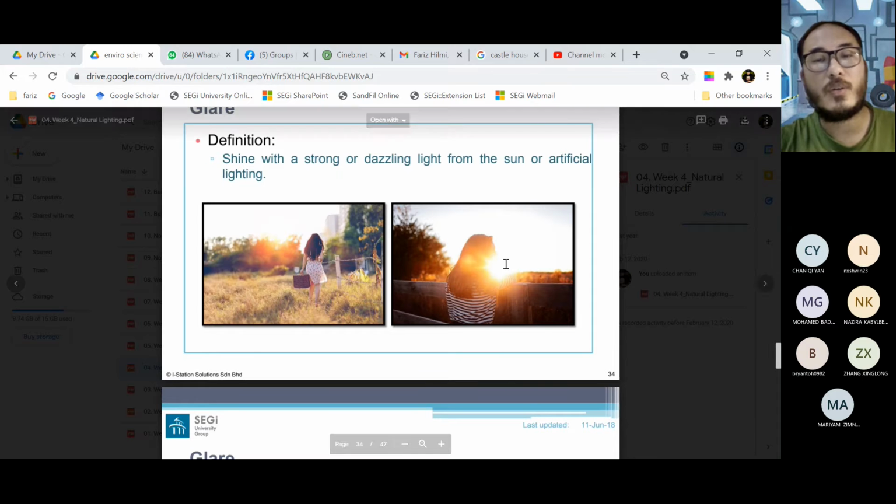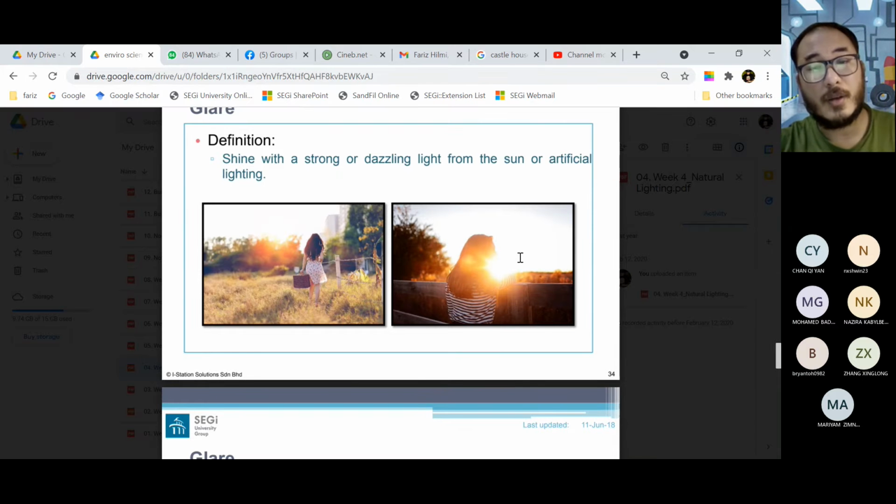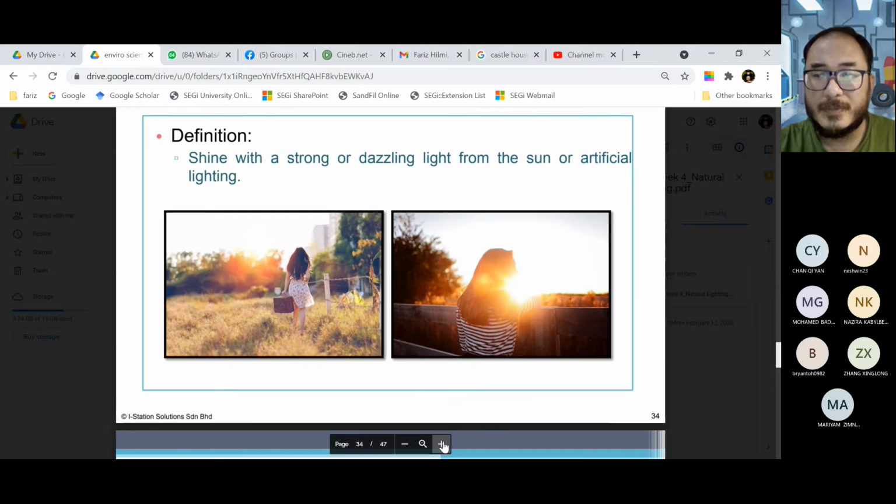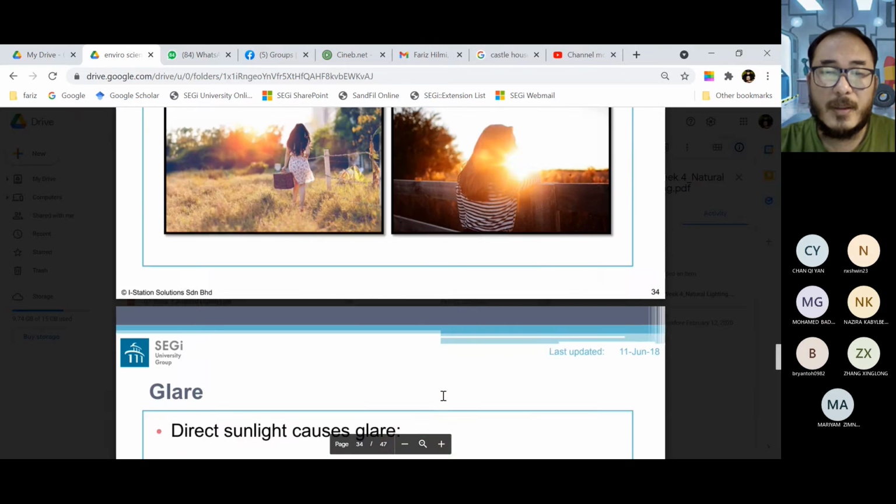Even in this photo alone, you feel that your eye is hurting as if you are seeing the sun itself, although it's only a photo. Is it true? Do you feel this? I believe so.